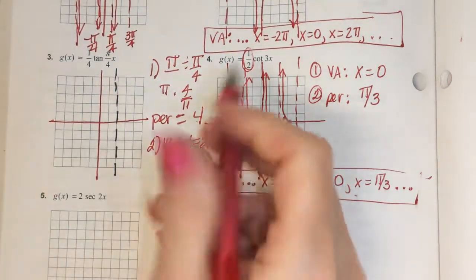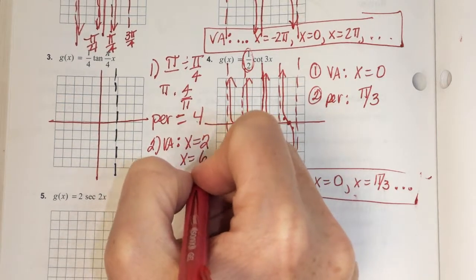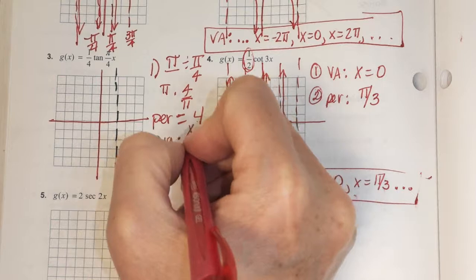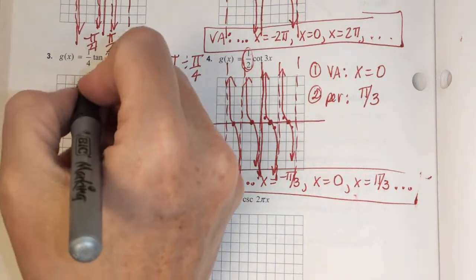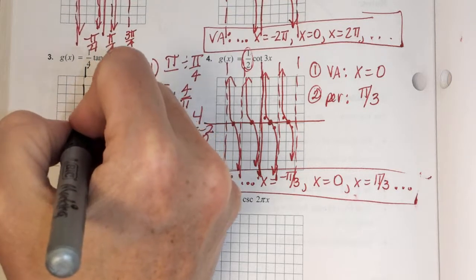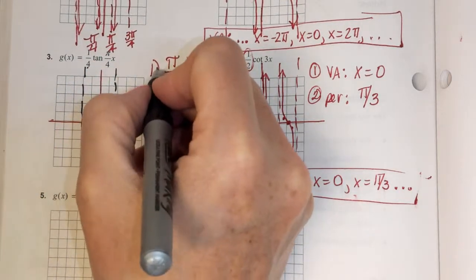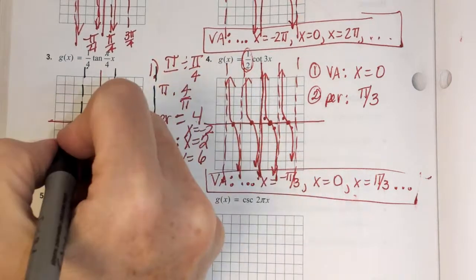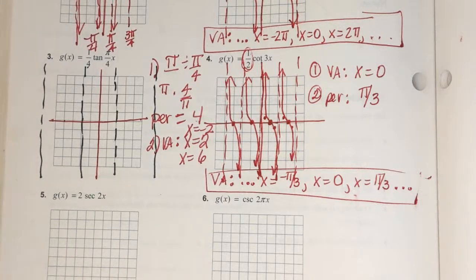To find another one, I can add on my period to get x equals 6, or I could subtract that period and get x equals -2. So I'm going to have one here at -2, and one here. It's going to look like that.